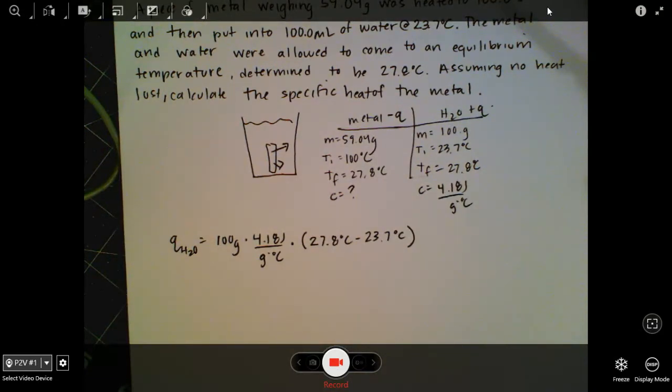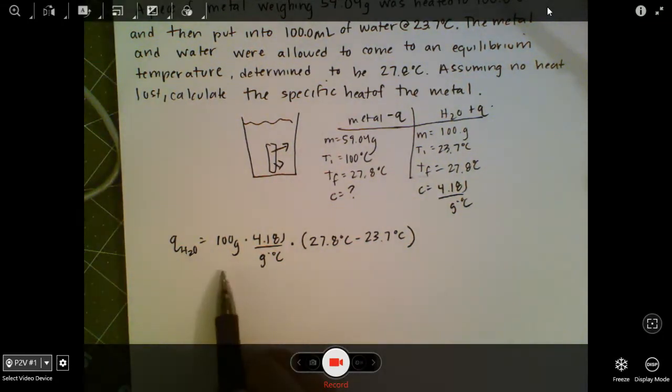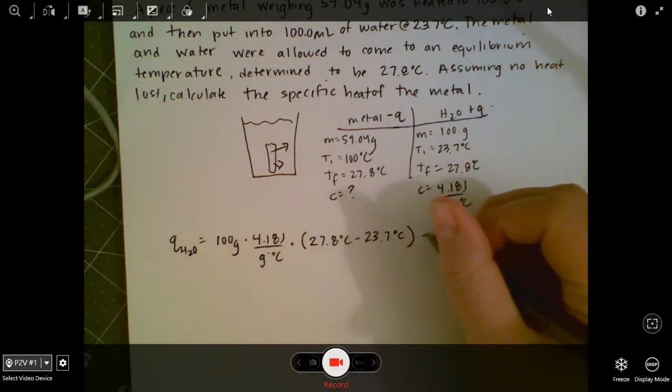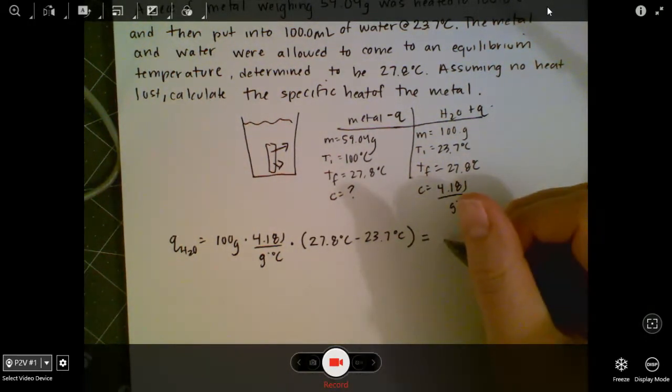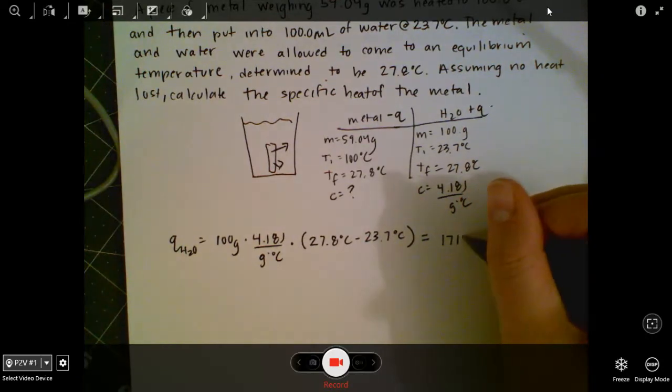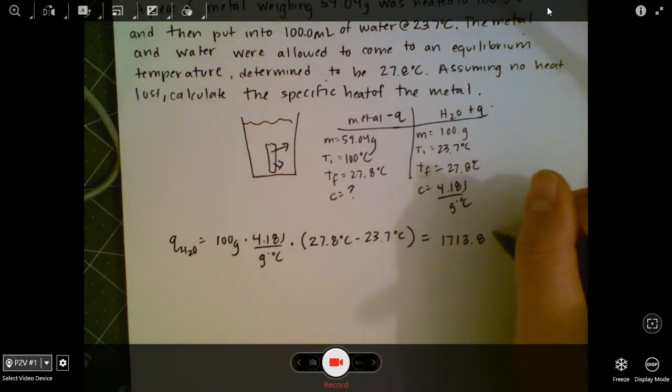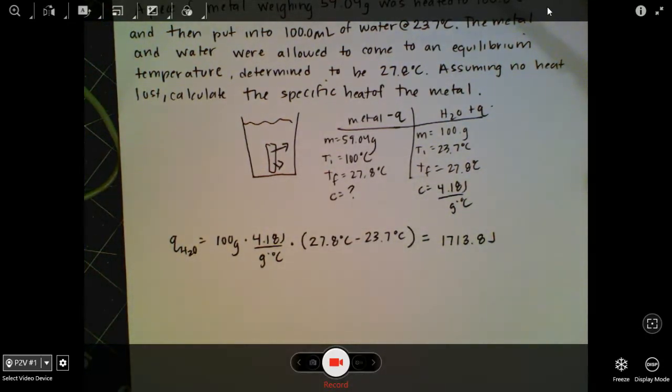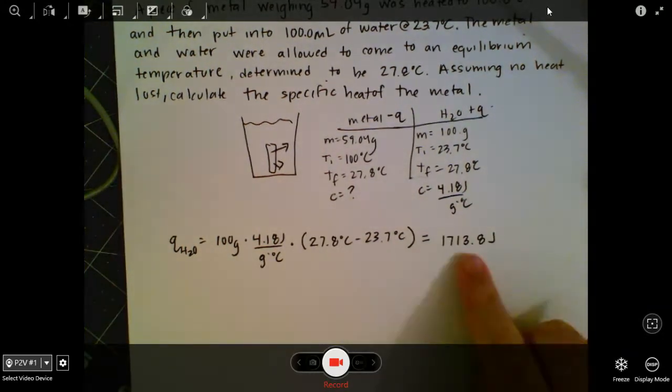All right, so we have our temperature change here. And when we put all of these things into our calculator, you should get a Q value of 1,713.8 joules.